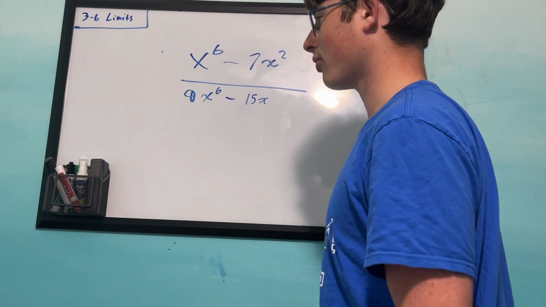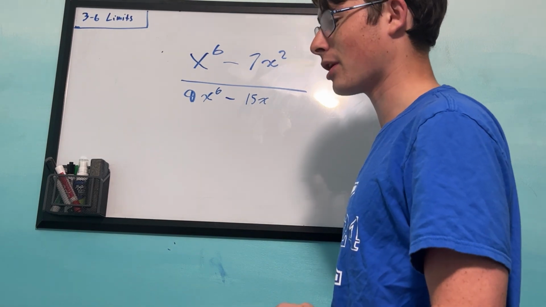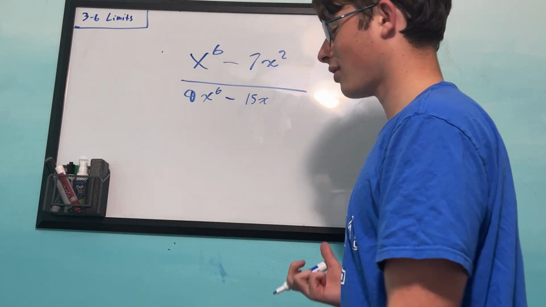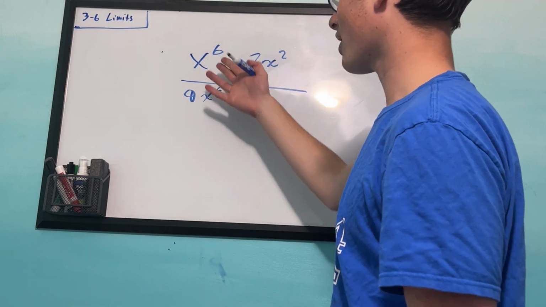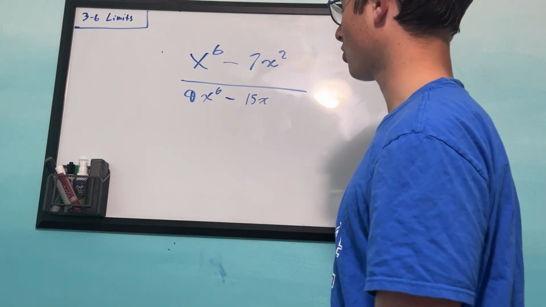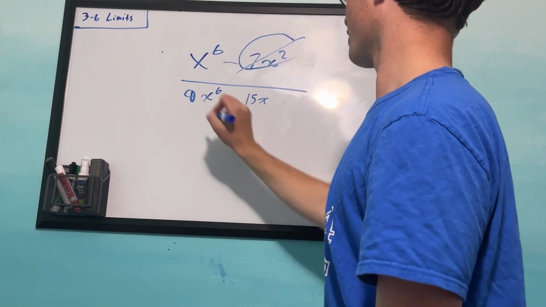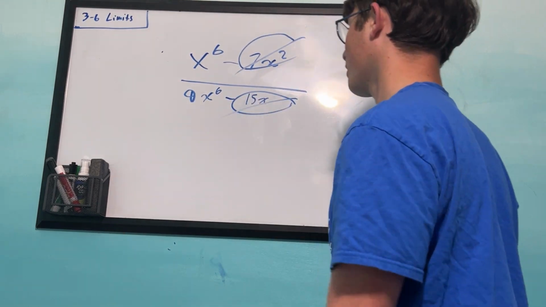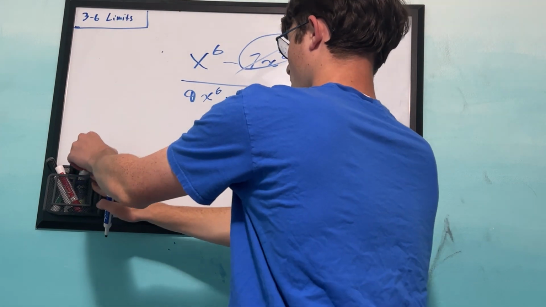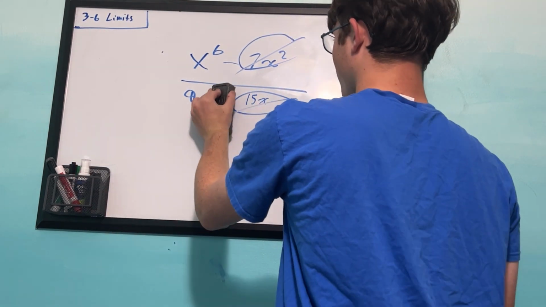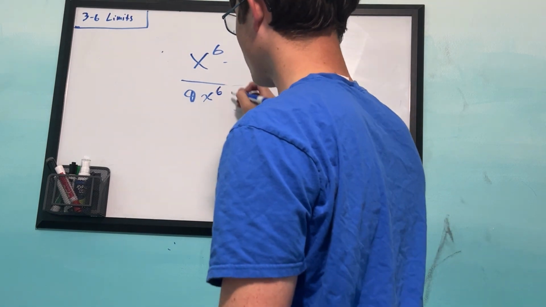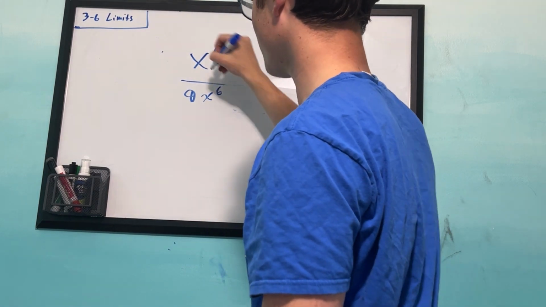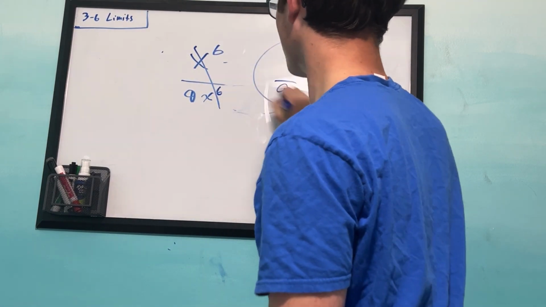So anything else will, as we approach infinity, become less and less important, and their importance will tend to 0. So anything that doesn't have the x to the 6th, since that's our largest growing term, you can just get rid of it. We don't care about it. If we get rid of those, we are left with x to the 6 divided by 9x to the 6, those cancel, and we're left with 1 over 9.